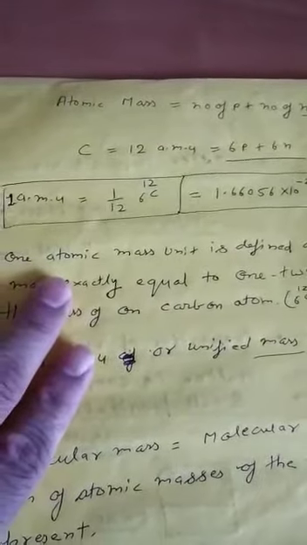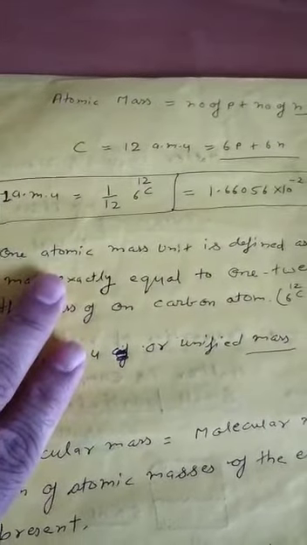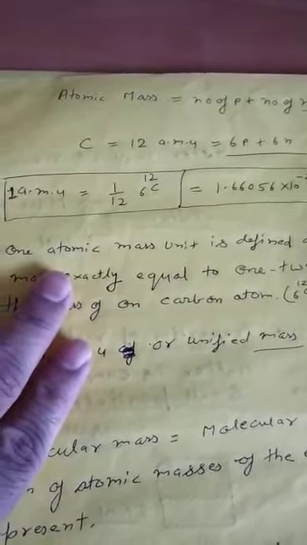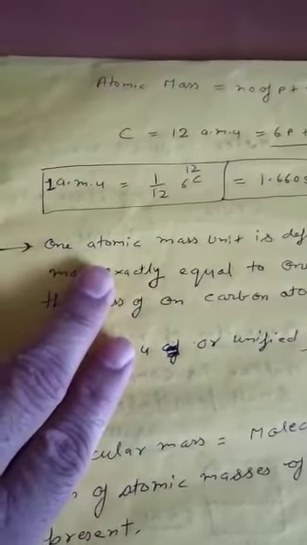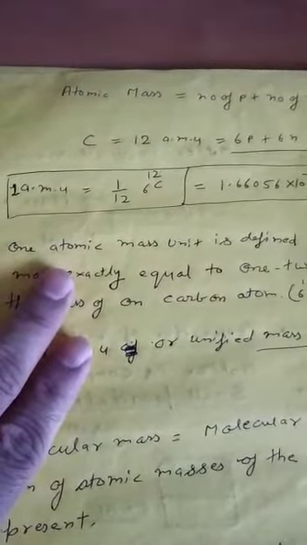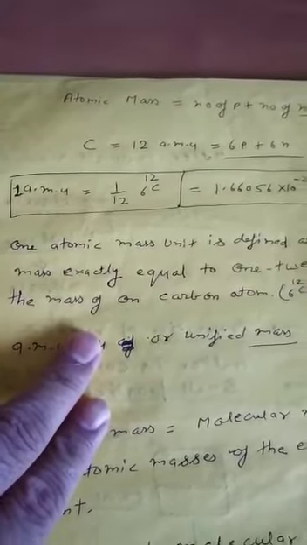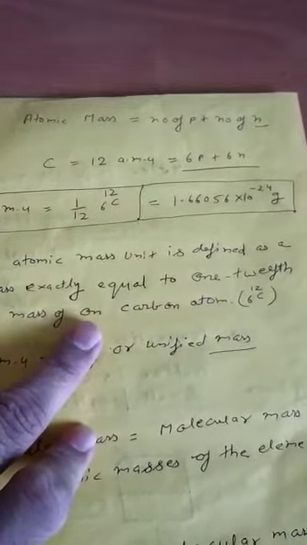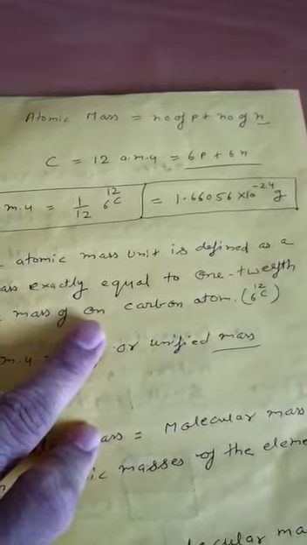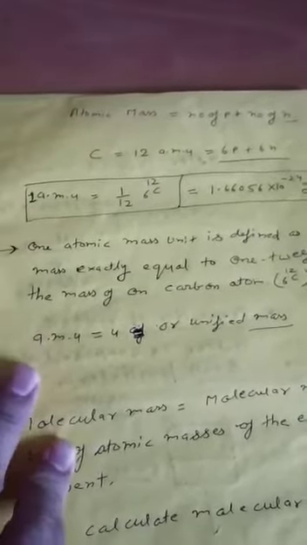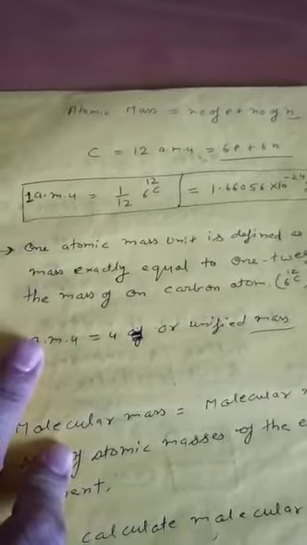The unit of atomic mass is AMU, that is atomic mass unit, and it is equal to the 1/12 part of 6C12, or 1.66056 into 10 raised to power minus 24 gram. That is almost equal to the mass of a single proton.